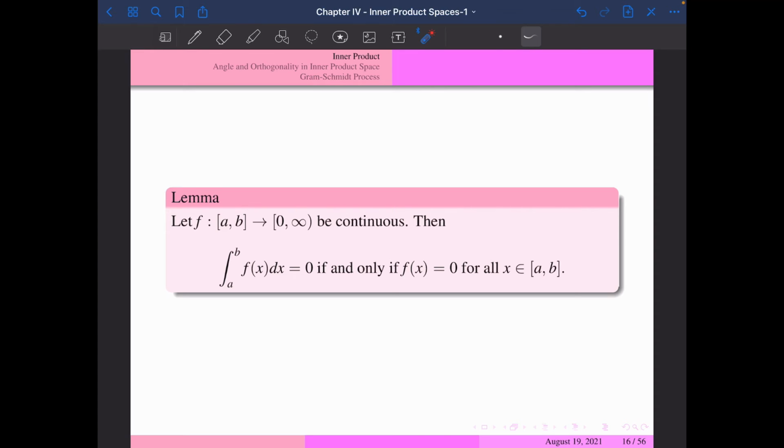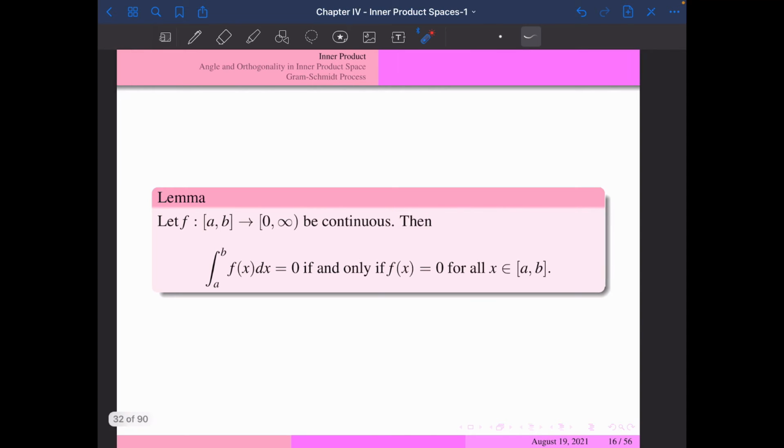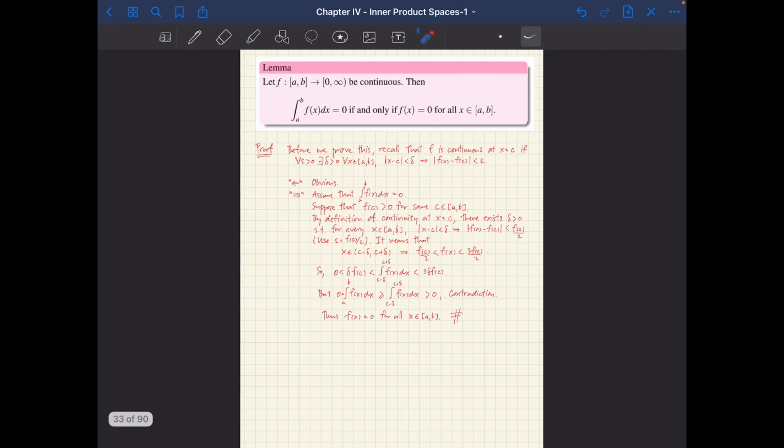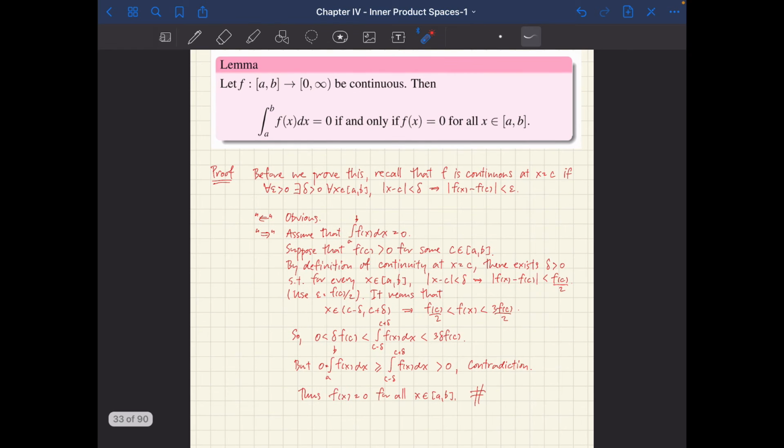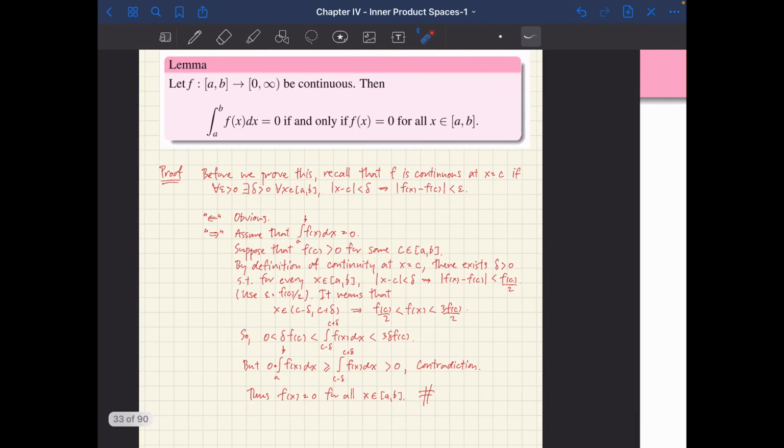Okay, so I will give this lemma to you without its proof. I have a proof for this lemma, but I did not go into the detail. It's quite hard. But if you need to copy this page, please pause it. Okay, I will move to the example of the inner product on a function space.